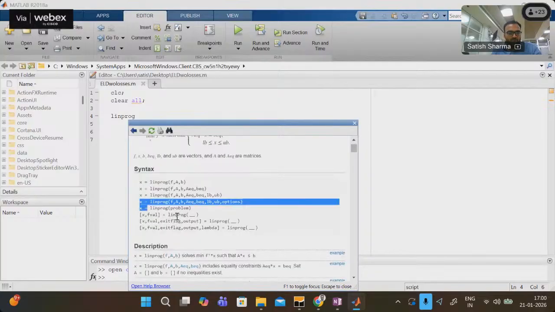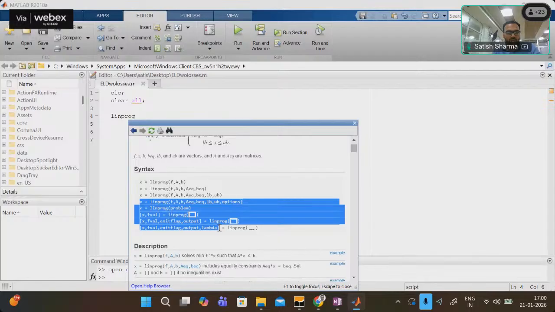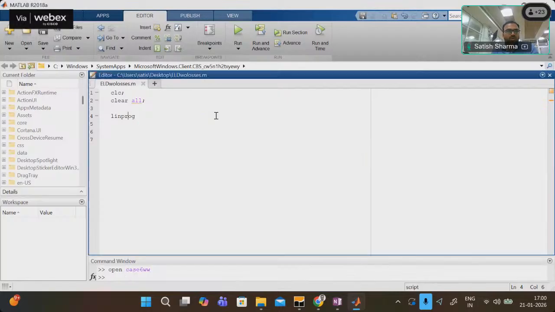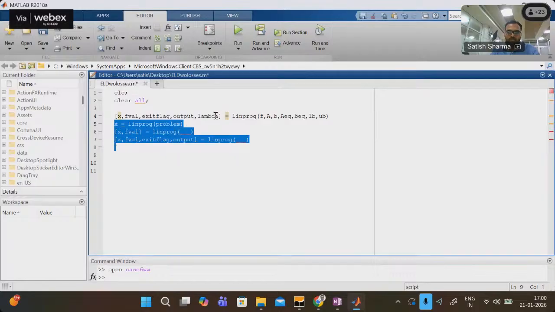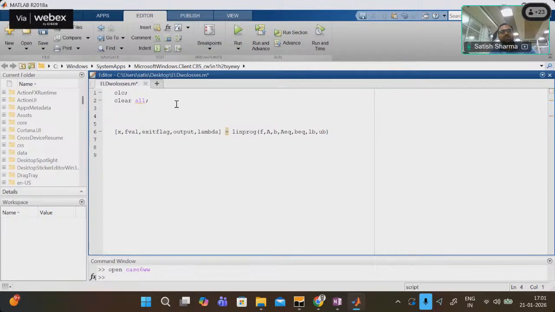So let me copy everything from up to this part to this, so that I don't have to type it. Control V. I will control X. And okay, so this is what the linprog function will look like.